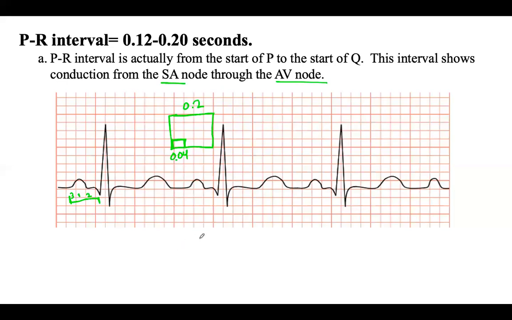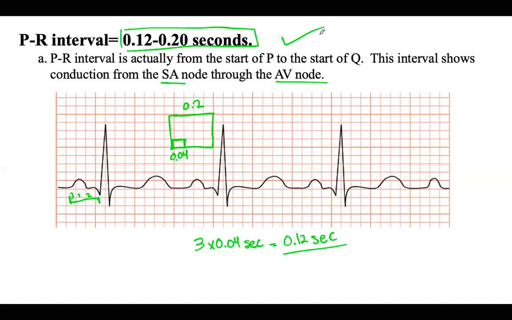So I have three small boxes, each about 0.04 seconds, and multiplied together that gives me 0.12 seconds. Is this an acceptable time for the PR interval? Yes, because the PR interval should be between 0.12 and 0.2 seconds. So this is normal.